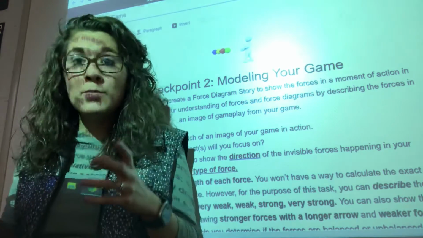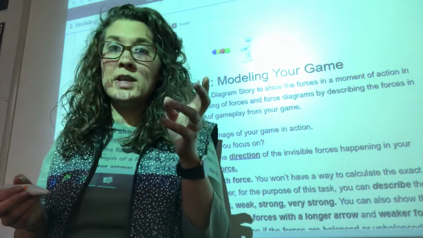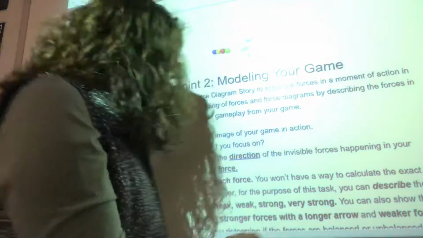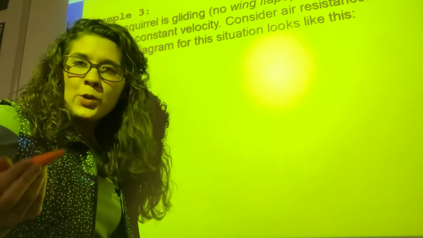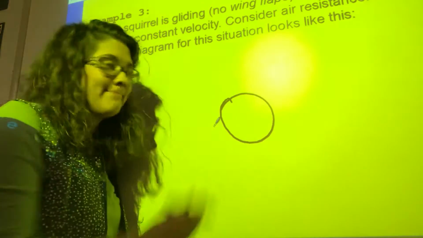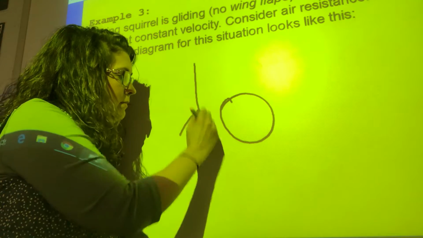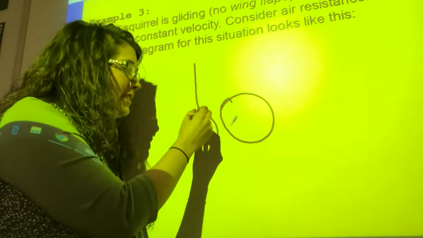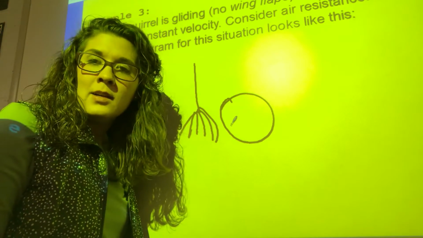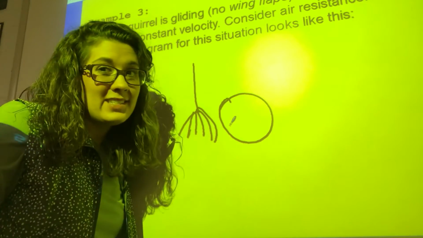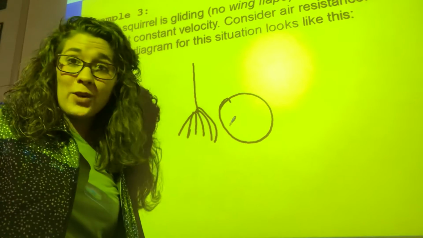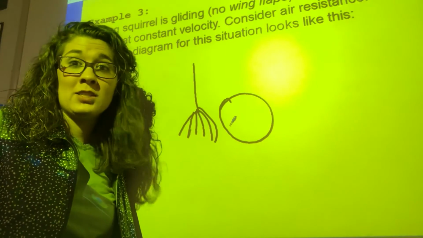If we were talking about broom ball, and when you hit the ball with the broom, I would want the ball, and the broom hitting the ball. Keep it really, really simple. If you're spending more than 5 minutes on your picture, you're doing it wrong.